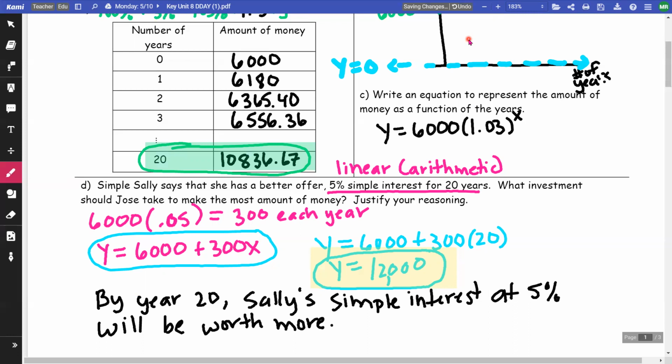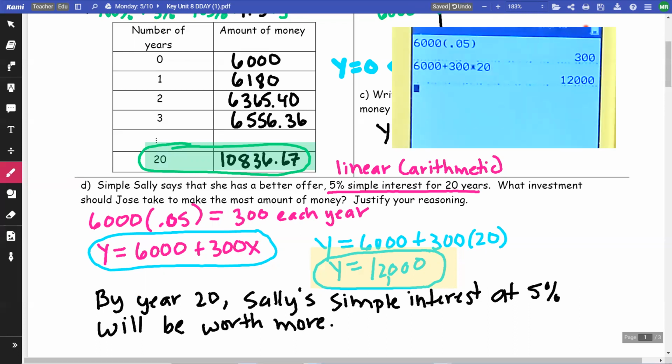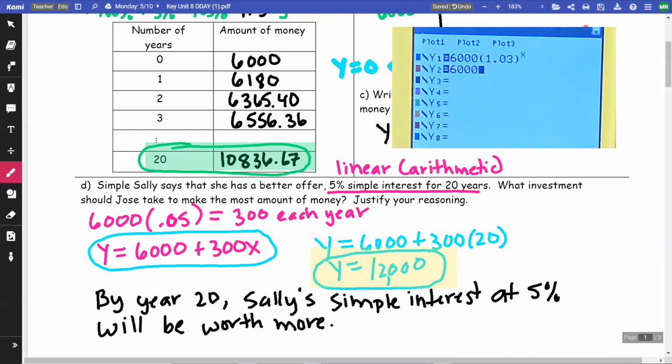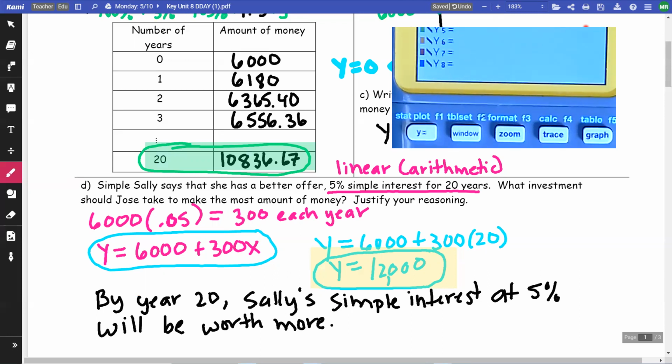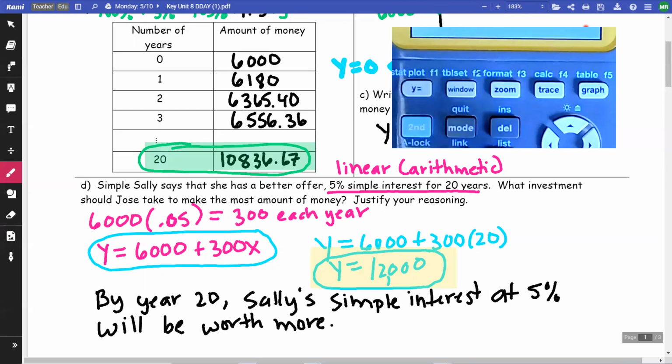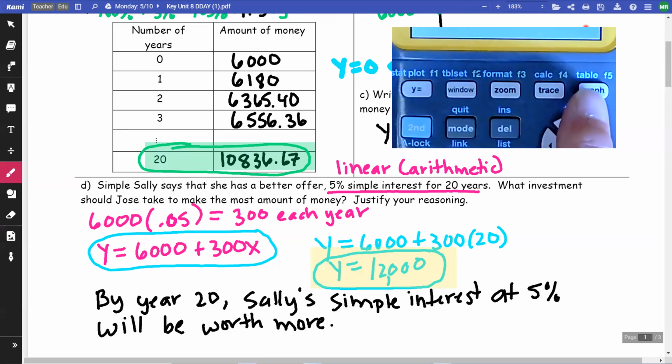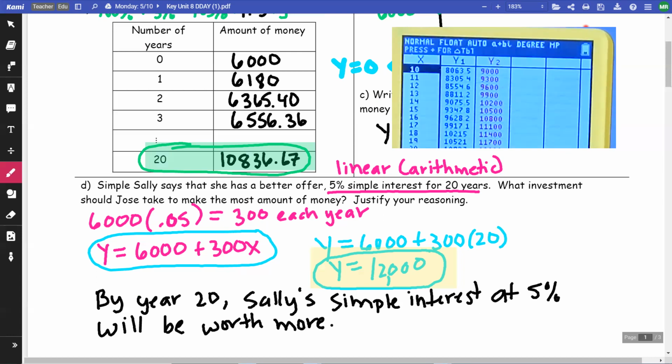Now, if I put this into my calculator and go to y equals, and I keep that one there and put in this new one, 6,000 plus 300x, and I go back to my table. Again, y equals was what I just did to get to this screen. If I want to see the table, I do second and table.